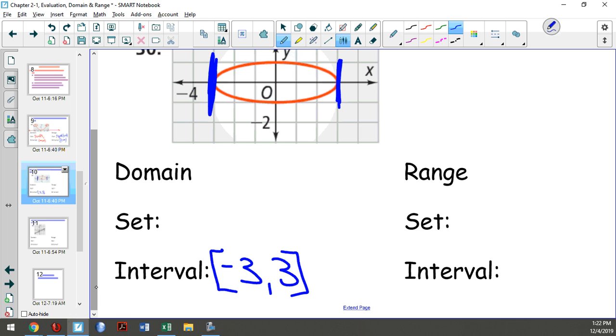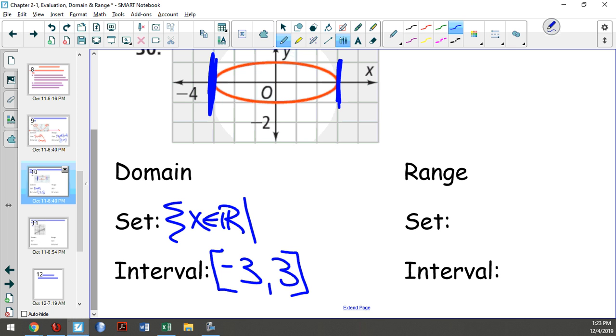Gavin, what's the set notation? Yes, that's what that says right there. Now, how do I write that as set notation? Stay awake. What do I do first? I have to have my brace. Then what letter deals with domain? X. Put it in its family, such that.